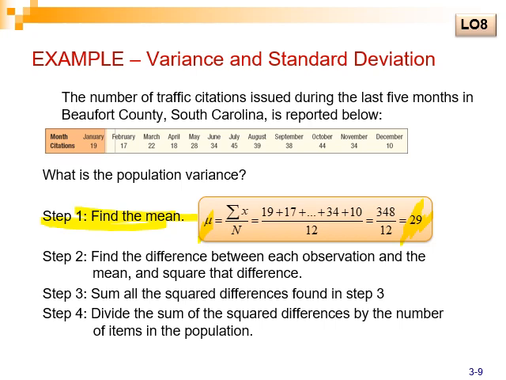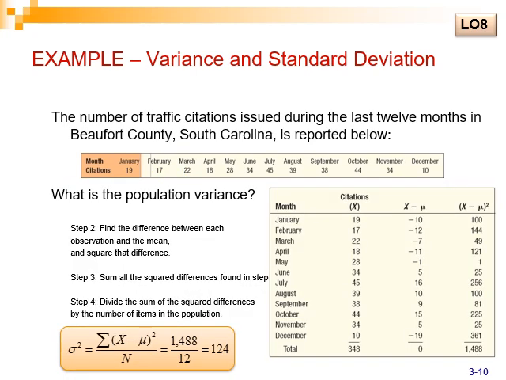Then we will find the difference between each observation and the 29. I mean 19 minus 29, then 17 minus 29, 22 minus 29, and so on. Let's put it in the table for simplifying the calculations, like this.